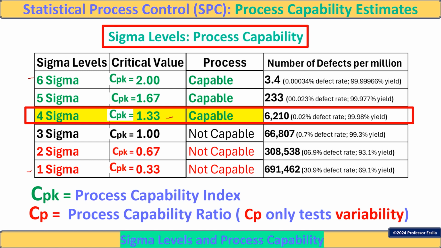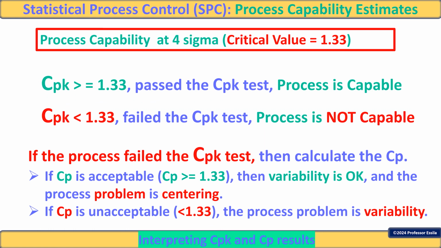The highlighted yellow part of the table shows that at 4 sigma the critical value is 1.33. A process with a Cpk of 1.33 or more at that level will be considered capable. So in general, 4 sigma is the standard, and we just use 1.33 as our critical value for evaluating process capability.